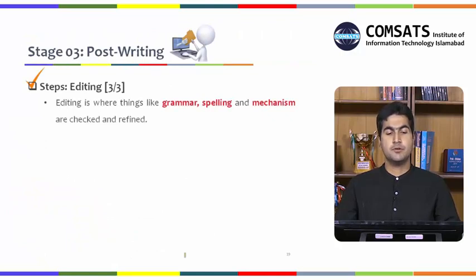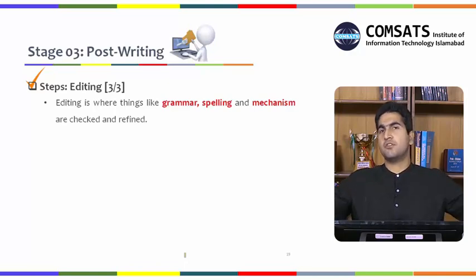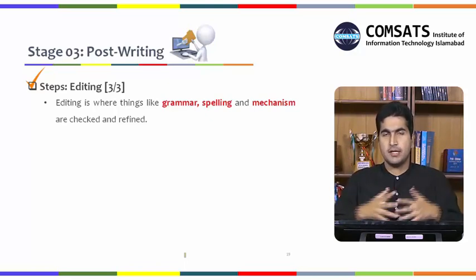Now the next point to be noted here is that editing is where things like grammar, spelling and mechanics are checked and refined. The reason is that now the focus is no longer broad. You have started to scrutinize things, looking into them very closely.